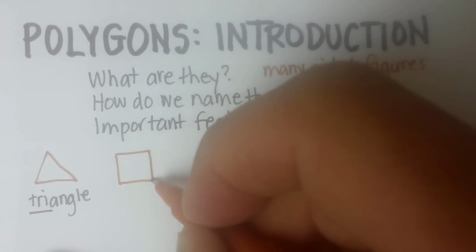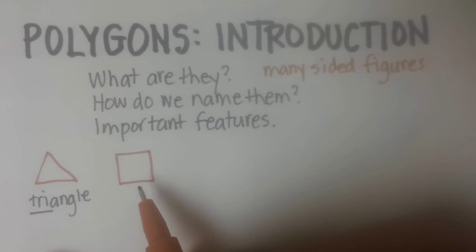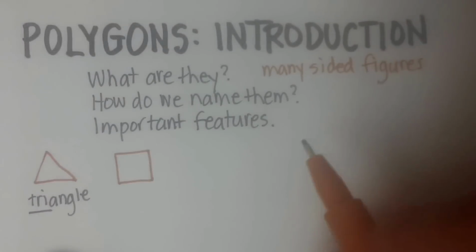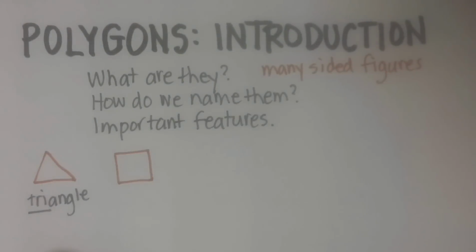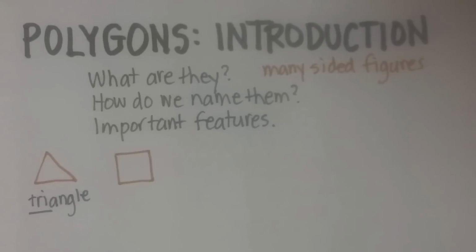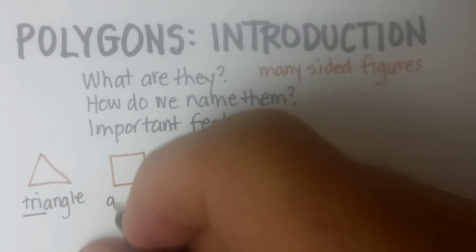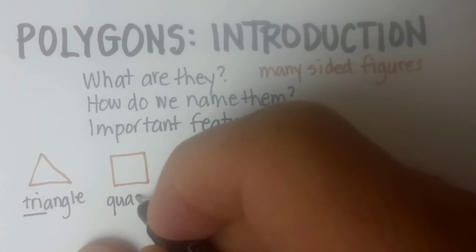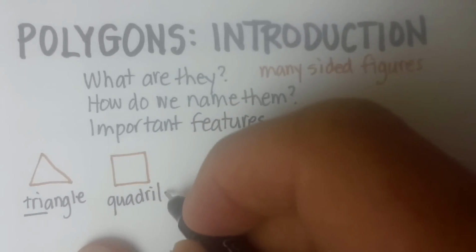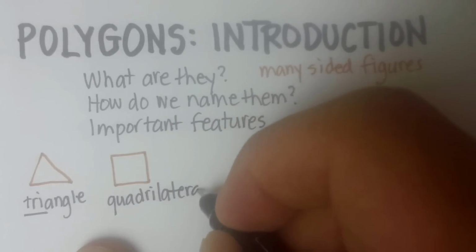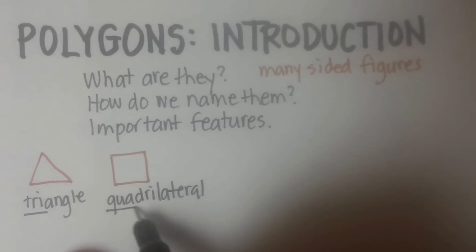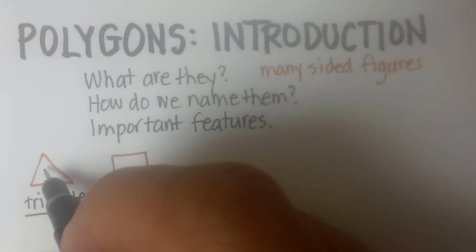That would be a four-sided figure. A square is a four-sided figure, a rectangle is. Those are particular kinds of polygons, but the four-sided figure is called a quadrilateral. And again, the prefix quad means four, so let's just put those in there.